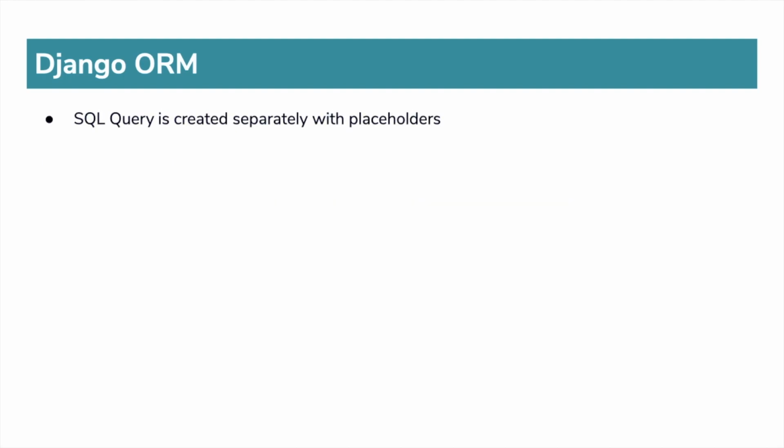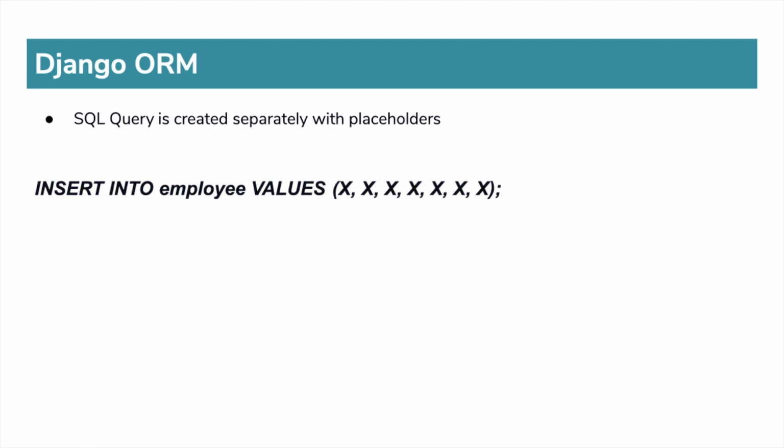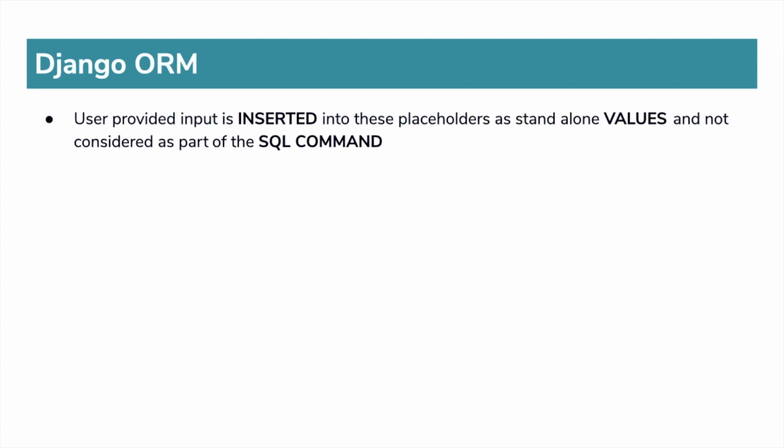First, the SQL query is created separately with placeholders, something like this, right? So insert into employee values X. So consider that X is the placeholder. Okay, this is just for understanding purposes, right? So let's consider these are the placeholders that have been created. Then what happens is that the user provided input is inserted into these placeholders as standalone values, and not considered as part of the SQL command.